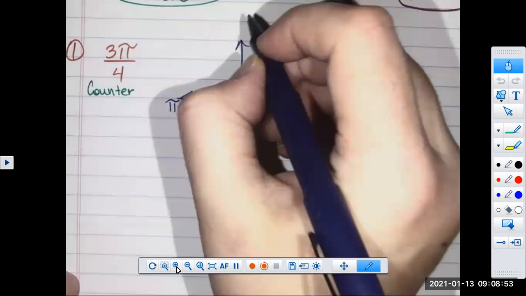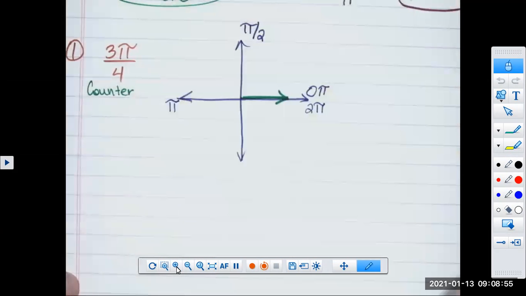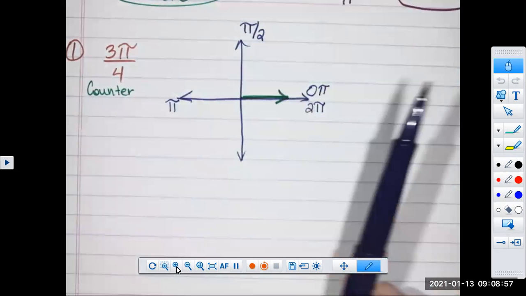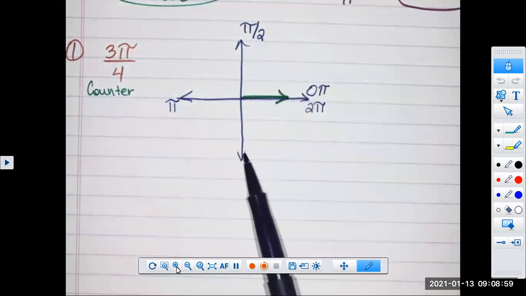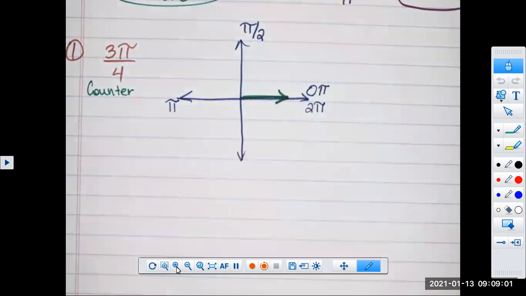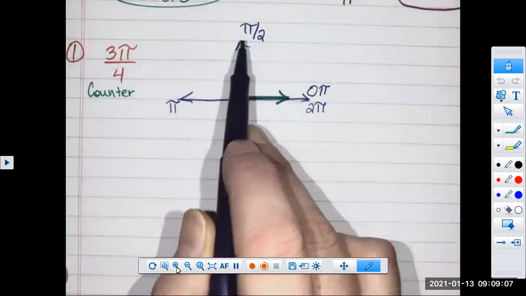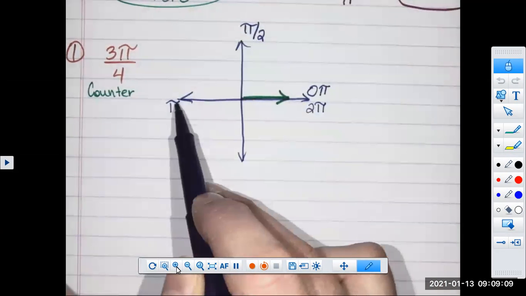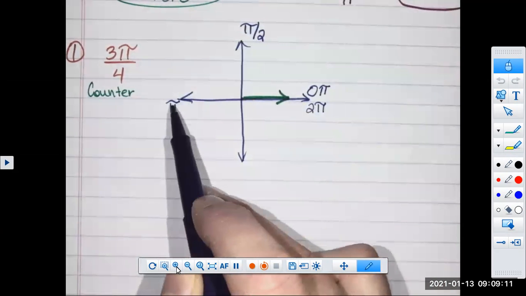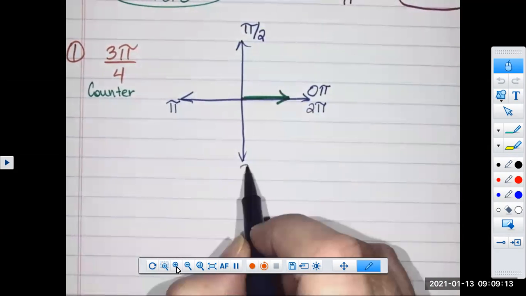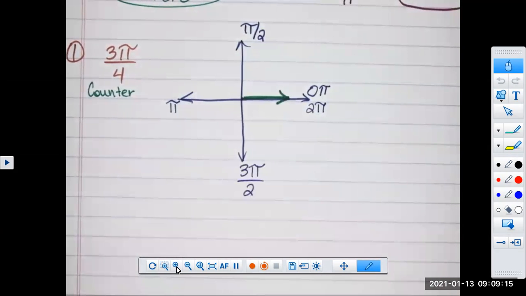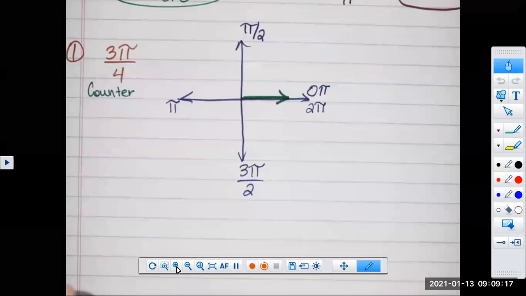Good, that's pi over 2. And if we rotate here, that will be 3 pi over 2. Just to give you an idea of how radian measure works.